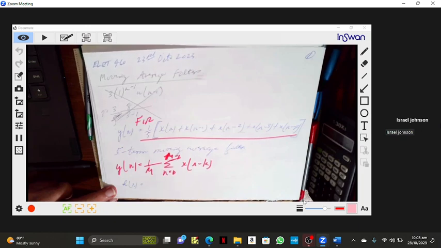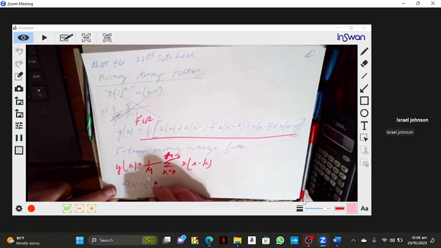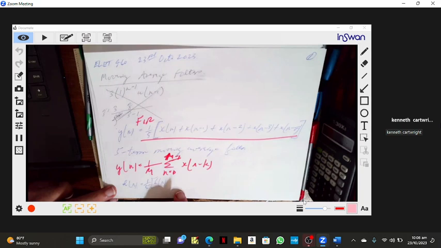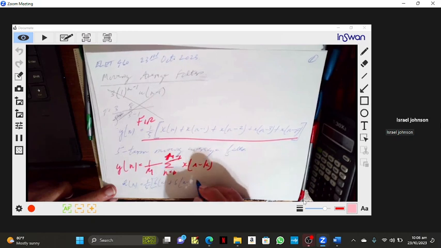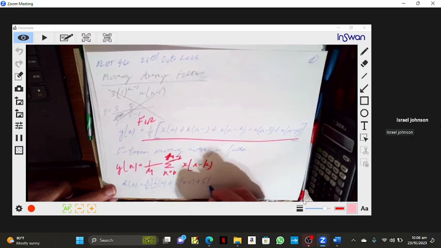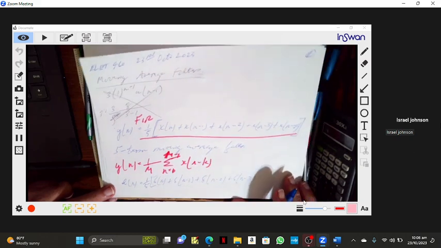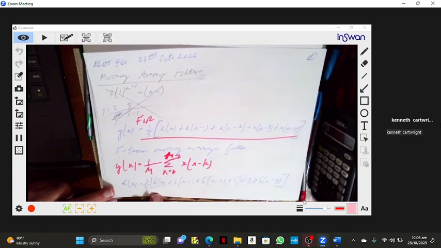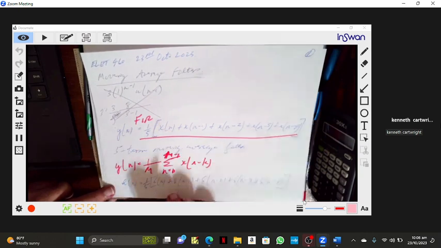Wouldn't that be 1/5 open bracket delta of n plus delta open bracket n minus 1 close bracket plus delta of n minus 2, close bracket, plus delta open bracket n minus 3 close bracket plus delta open bracket n minus 4 close bracket? Yes. Why? Because with FIR filters, to get the impulse response, we simply change y to h and x to delta.